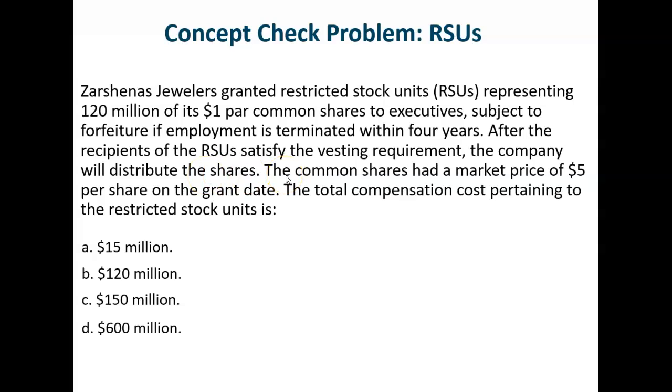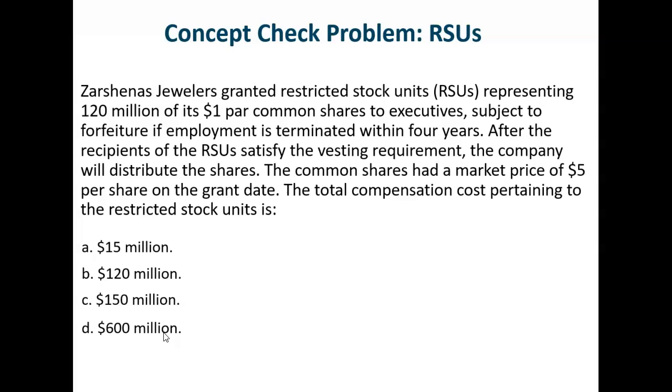The common shares had a market price of $5 per share on the grant date. What is the total compensation cost pertaining to the restricted stock units? Is it A, $15 million, or B, $120 million, or C, $150 million, or D, $600 million?